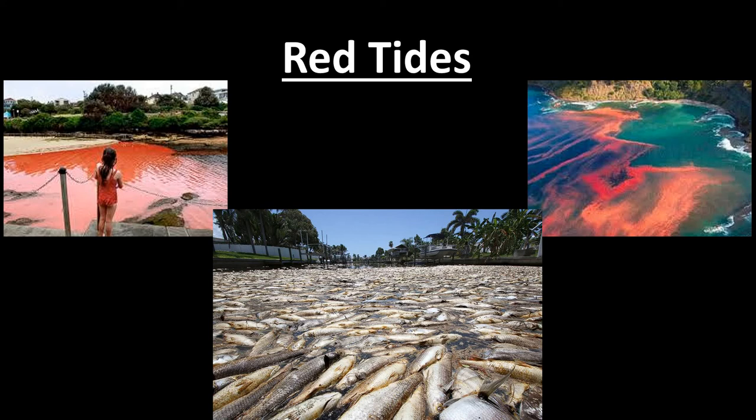And the problem being is they release toxins into the water, and then the animals eat the algae, and the animals die, or the animals get sick, and then other animals will eat them, and they get sick and possibly die, and so on, if the count of these algae get too high.